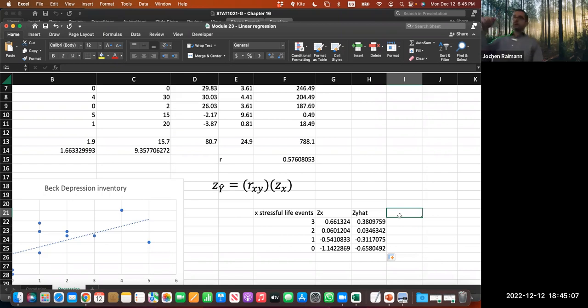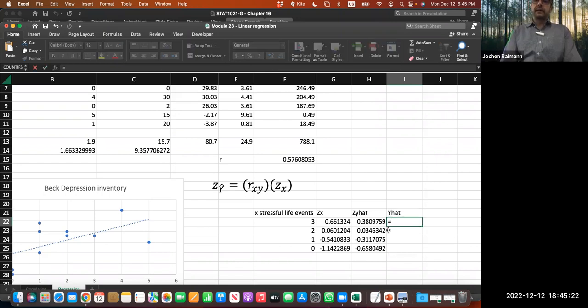If you want to come the other way around, you need to calculate the standardized set multiplied by your standard deviation plus the mean. That gives you the actual raw score. So this actual raw score now is y hat. And this is basically calculated by set y hat multiplied by the standard deviation of y plus the mean of y, right?